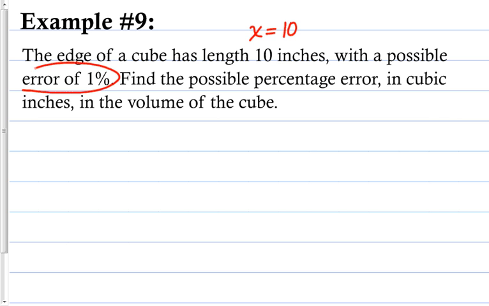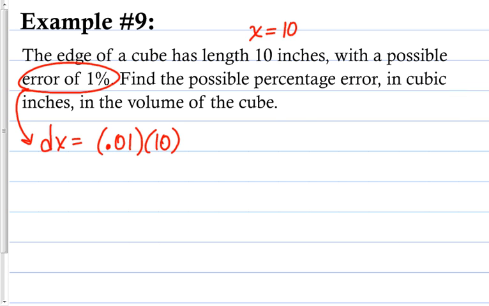So this translates to the change in x. Now, the change in x is not 1%. I wouldn't write 1%, and I wouldn't even write 0.01, which is the decimal version of 1%. It's 1% of the original size. So it's 0.01 of 10.